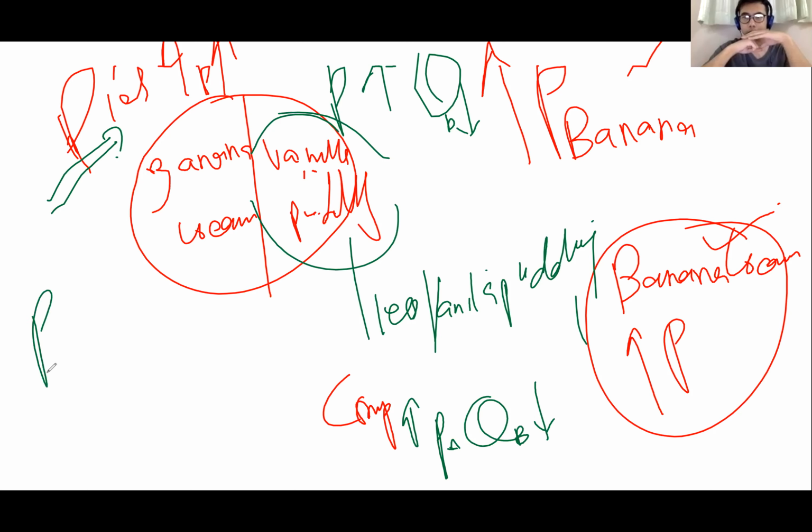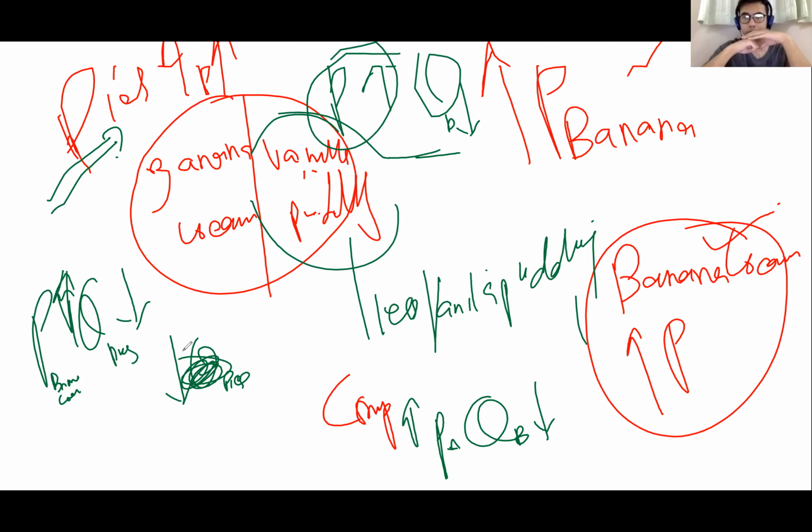Similarly, if the price of banana cream rises, quantity of pies decreases. These are complements. Similarly, with the vanilla pudding, because quantity of pies decreased, sorry.